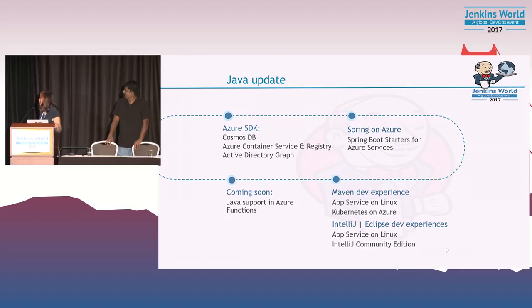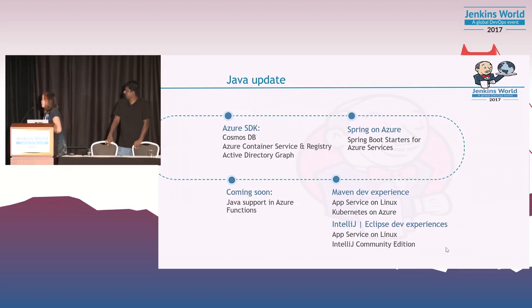If you have been following the Azure blog, we announced support for Cosmos DB, Azure Container Service and Registry in the Azure SDK. We have the Spring Boot starters for Azure services. For the Maven developer experience, we have new plugins to support deploying to app service on Linux and also Kubernetes.